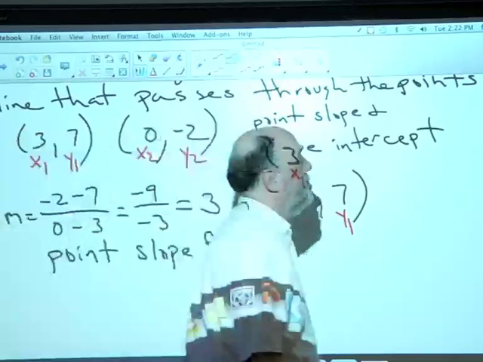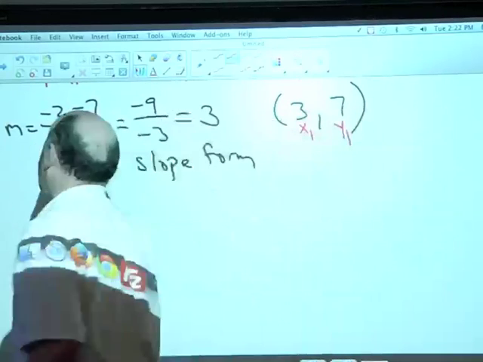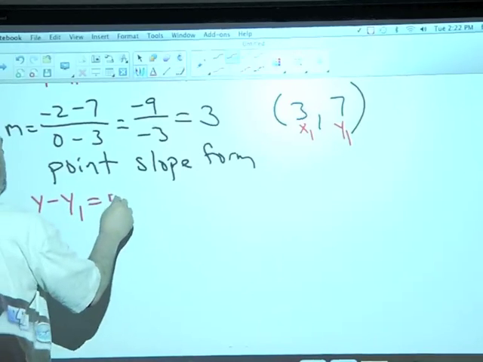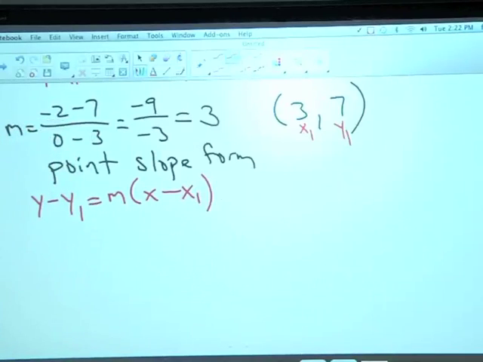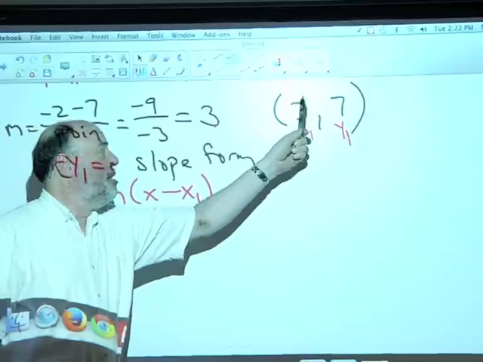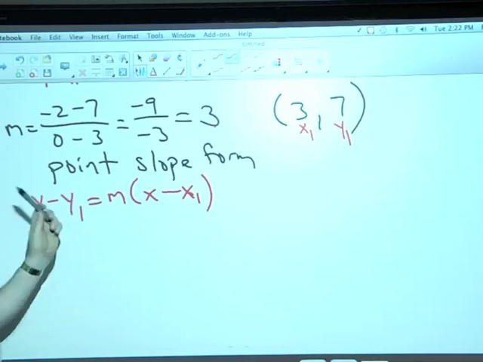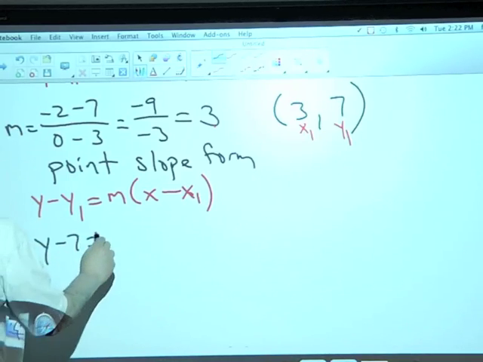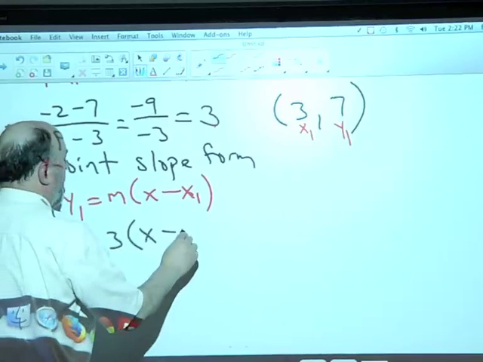In terms of point slope form, we said it was y minus y1 equals m times x minus x1. So I'm going to take these 3 numbers and plug them into these 3 places. So we end up with y minus 7 equals 3 times x minus 3.